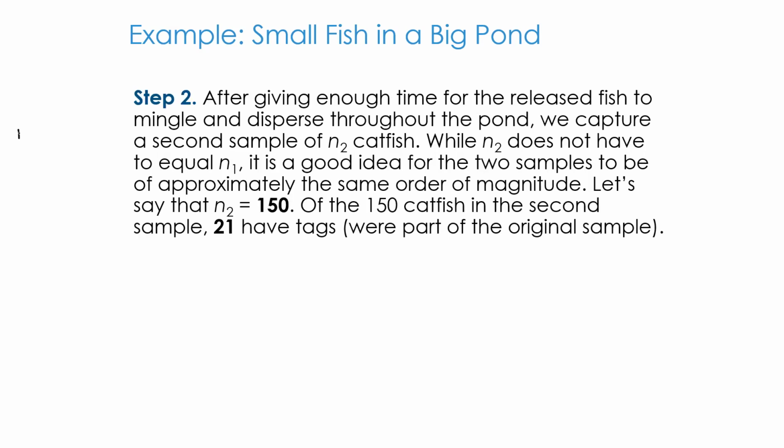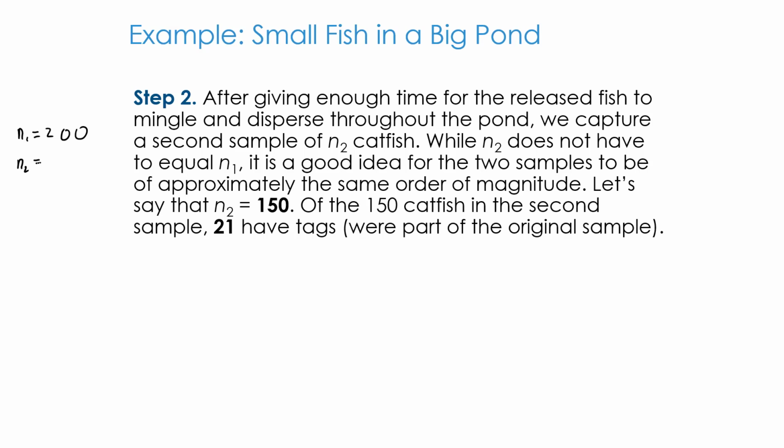After giving enough time for the released fish to mingle and disperse throughout the pond, we capture a second sample of size N2. N2 is the size of your second sample, and those we can check to see how many are tagged.